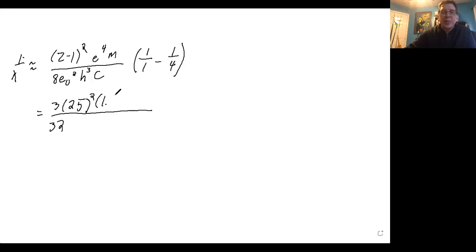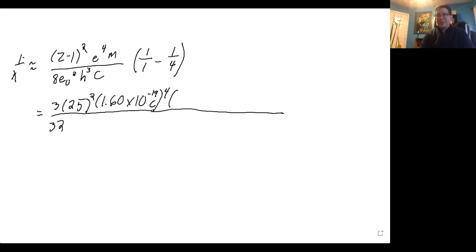e we know is 1.60 times 10 to the negative 19 coulombs to the fourth. You may want to be careful. There might be a limit to the powers of 10 that your calculator can go up to, so you have to be careful not to cross that line. m is the mass of the electron, 9.11 times 10 to the negative 31 kilograms.